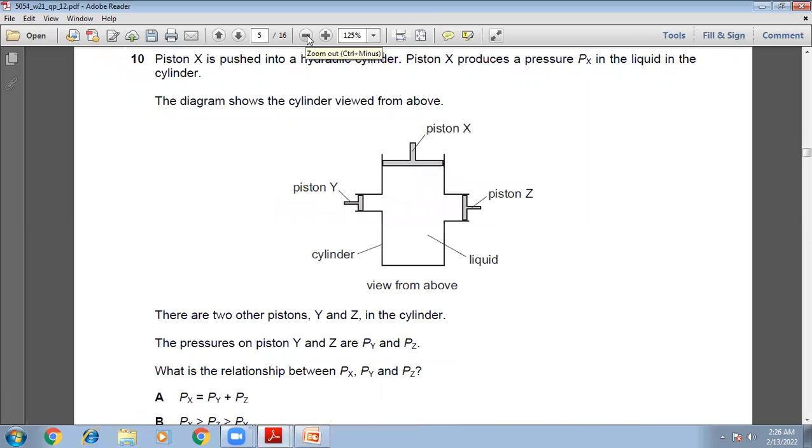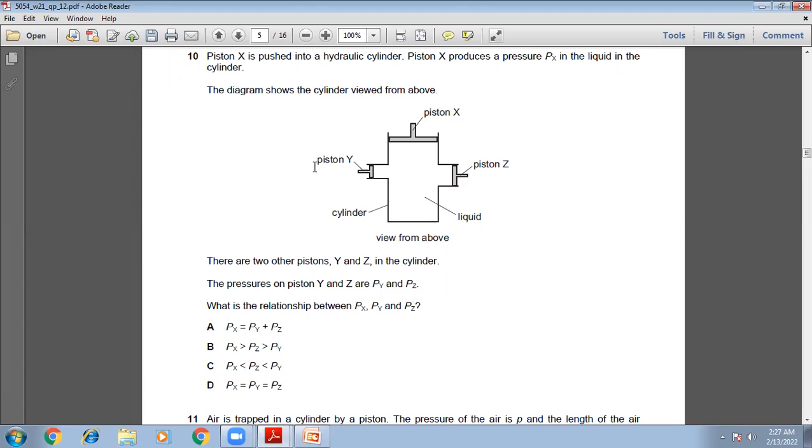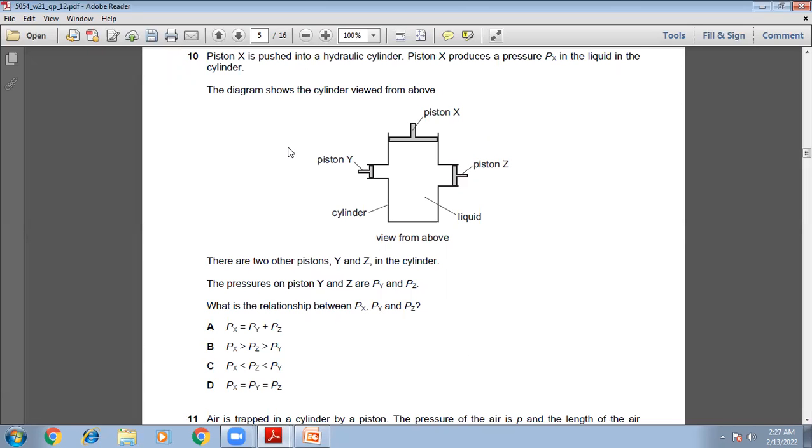Before we go to the options, let me tell you that according to Pascal's principle, the pressure in the hydraulic press is the same in all directions. So whatever pressure is created by piston X, the same pressure is transmitted to piston Y and to piston Z. So the pressure everywhere in that cylinder will be the same.